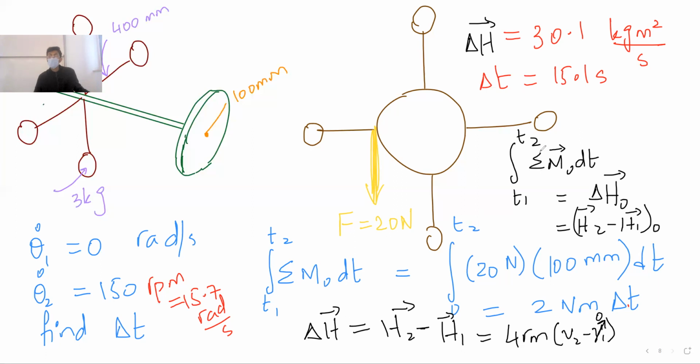So 2 Newton meter delta t is equal to the fellow on the right hand side, that is delta H. So can you double check? Are you getting 15.1? So all you have to do is delta t is equal to 30.1 divided by 2, right? So you will get something around 15.1.